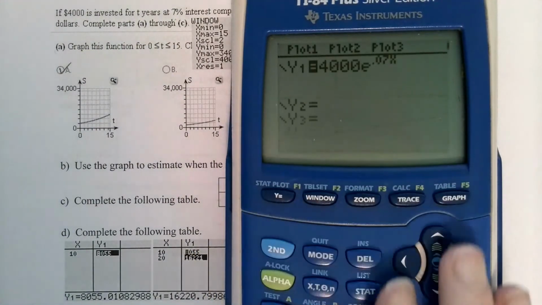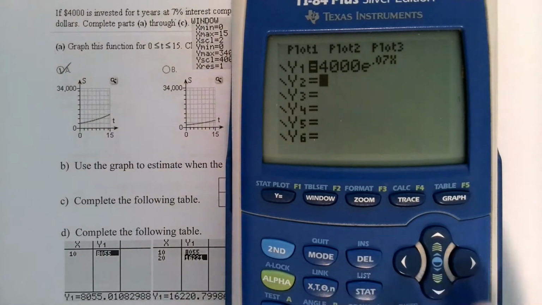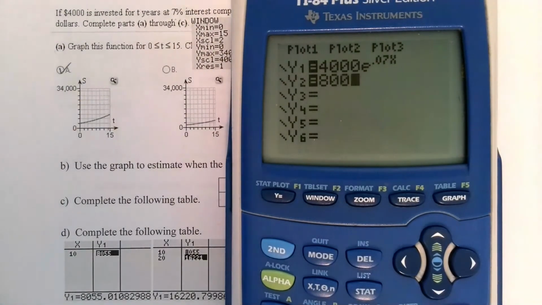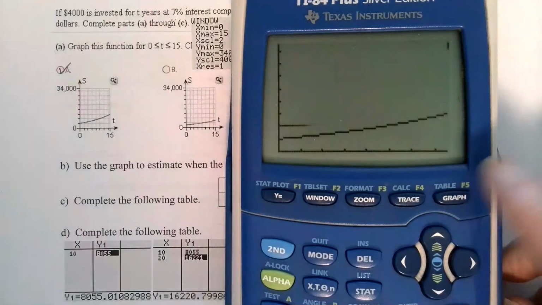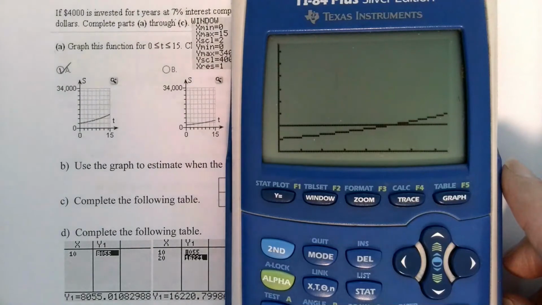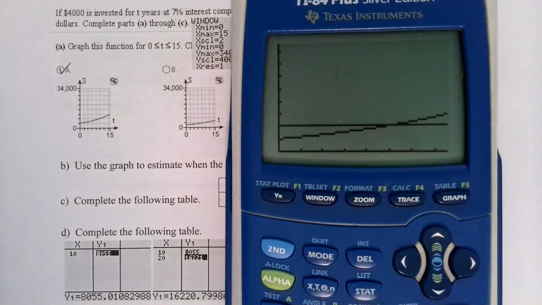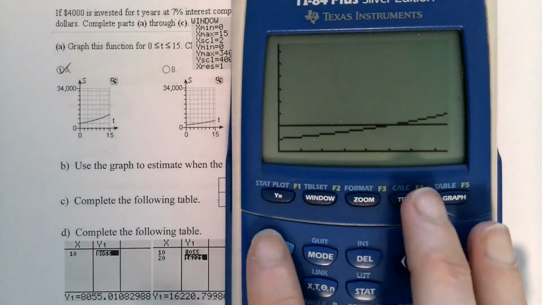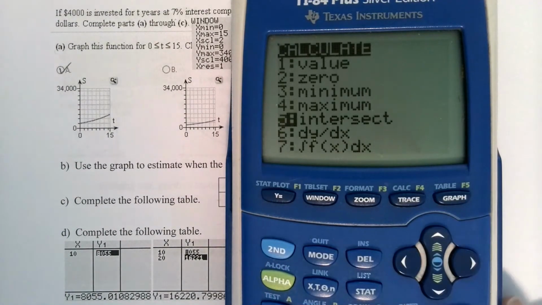I want to go to my y equals screen, and now I want to know when that graph equals 8,000. So I want to know when they intersect. If I've already graphed the function, and then I graph y equals 8,000, I can see the intersection there, and then I would calculate the intersection.